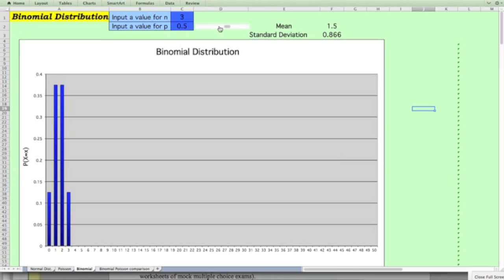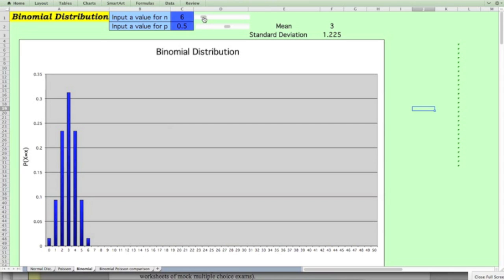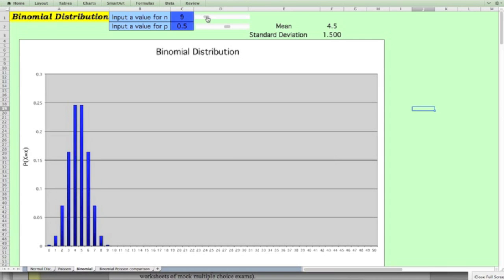Okay? So we can look at what happens as we change the number of trials here and see what happens to the shape of the binomial distribution. Okay, so imagine that's 6 coins now, and I want to know the probability of getting 3 heads exactly. You can see it's just over 0.3. Let's ramp this up a bit more.